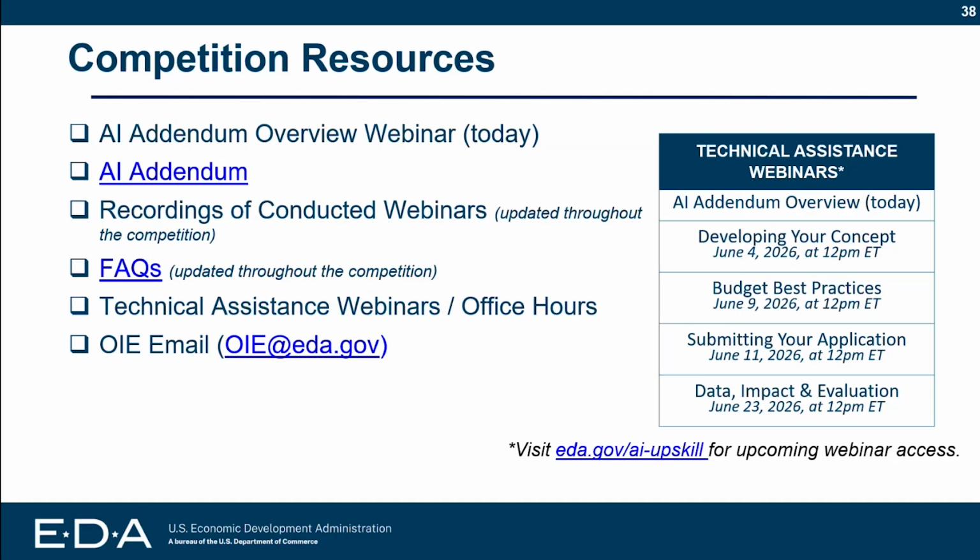But it would not be advisable, and it wouldn't be a competitive application, if you are just trying to completely evade answering those questions by saying, oh, we're going to do system development, because we're not doing an inherently planning program.